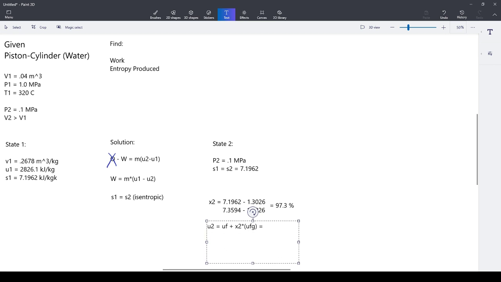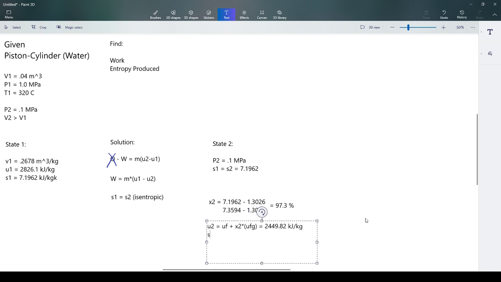And then you add the initial one, which is 417.36. And we get 2449.82 as our U2. This is kilojoules per kilogram, okay?